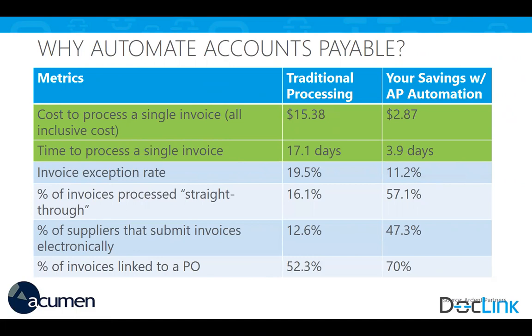When companies are able to automate their AP process, they've been able to see costs lowered by roughly 81%, and processing time of AP invoices 73% faster than traditional paper-based AP. So imagine if you're able to process your invoices faster, reducing the cost there, not only overhead costs, but also being able to pay vendors early. Maybe you get a vendor discount for paying early or paying on time so that you don't get charged late fees.